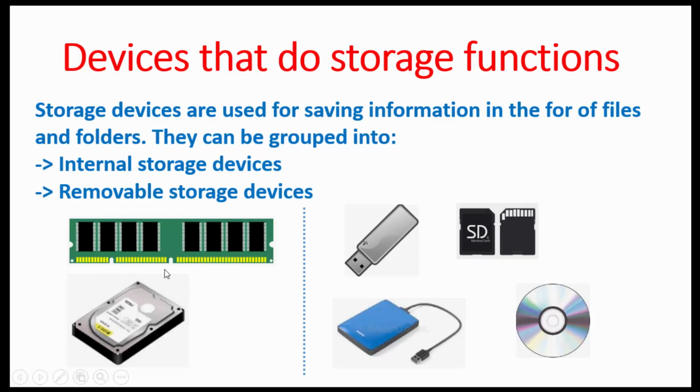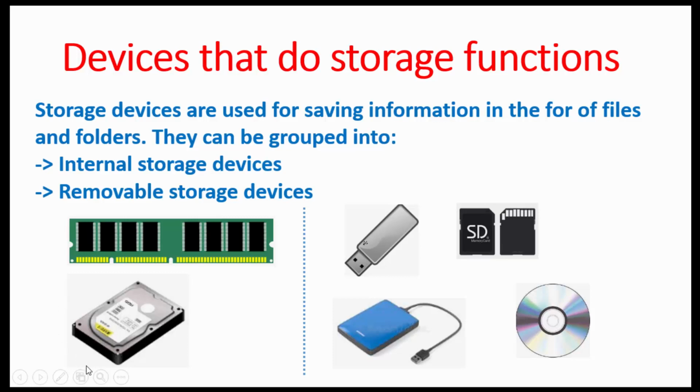And the work of a memory is to store information, what you see on the screen, before you save it in the hard drive. It is only holding it temporarily as you are using that file or the information on the screen. Once you are ready to save it permanently, then it is moved from the memory into the hard drive.